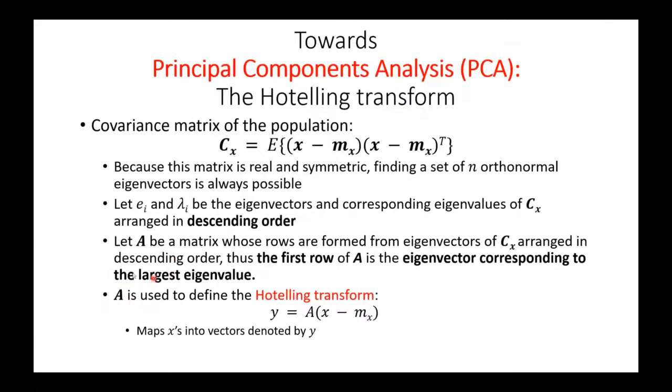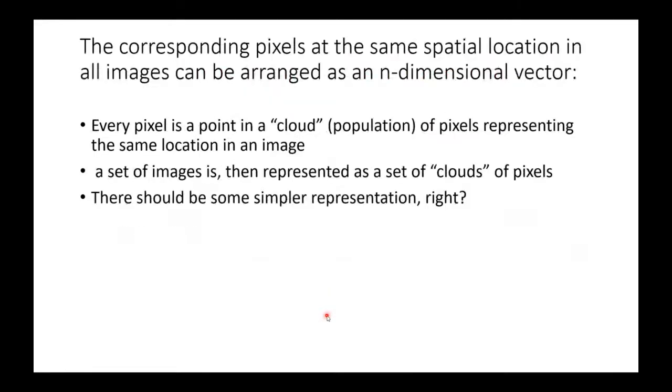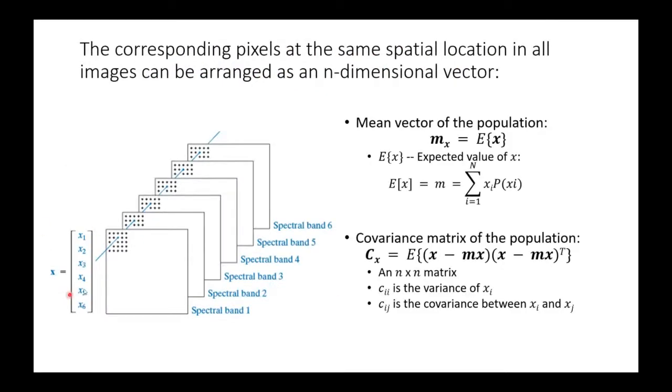This matrix of eigenvectors, ordered in descending order according to its eigenvalues, is used to define what we call a Hotelling transform, which is basically a vector y that maps your vectors x subtracted by the mean value of the population. Remember, each x is a bunch of pixels representing the same location in a bunch of images.